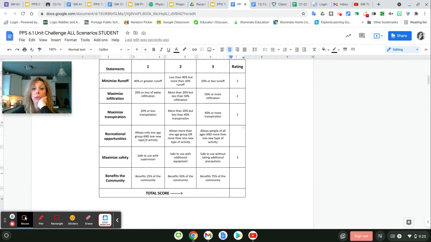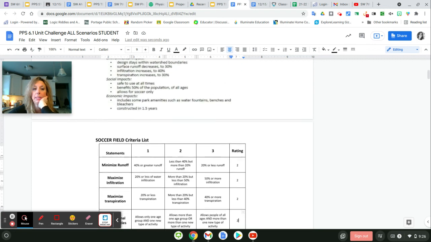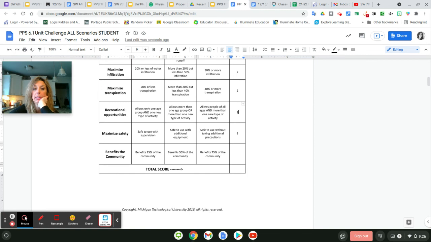And the soccer field would allow all. But the only activity it will give us is soccer. So we're going to give that a 2. Okay, the safety, that's a 3. And then benefits the community, it stated 50% of the population. So only half of the community can really use it, or it will benefit, I should say. So we'll give that a 2.